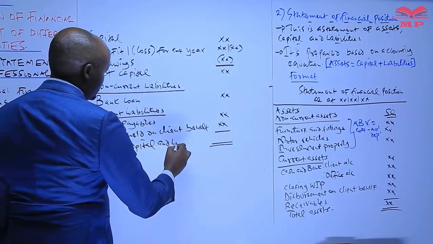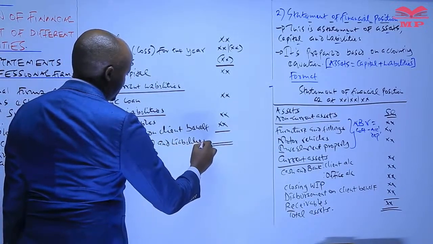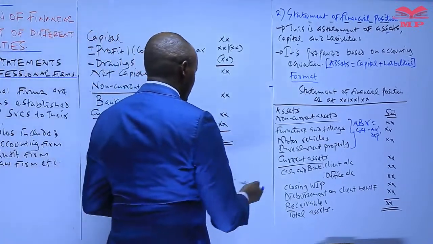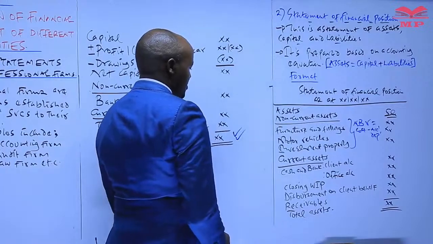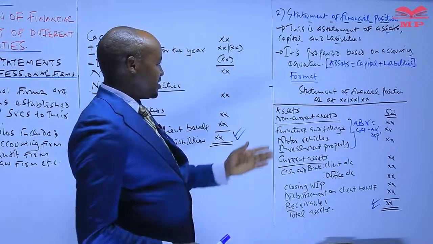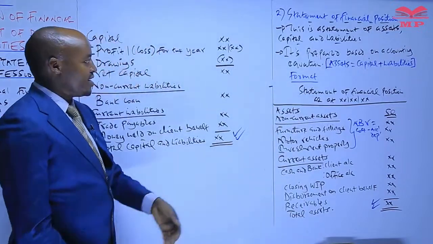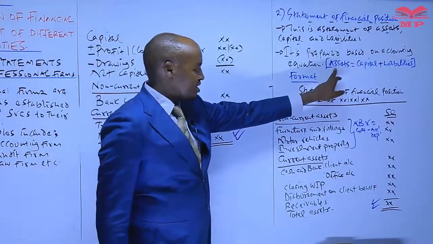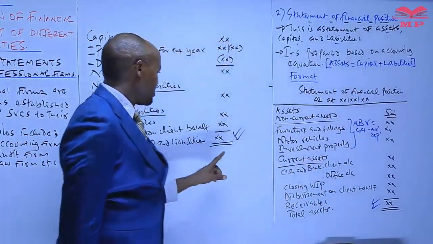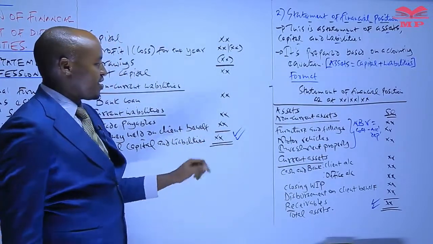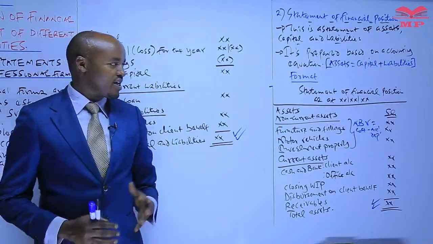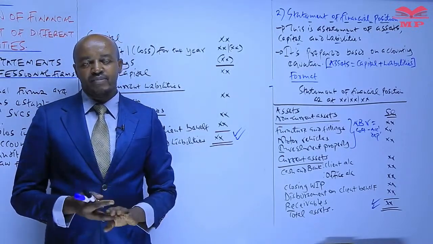Whatever you get here as the total capital and liabilities must always be the same as the total asset, because this statement of financial position is prepared based on the equation which states that total asset should be equal to capital plus liabilities. So therefore, those are the financial statements which are prepared by the professional firm.